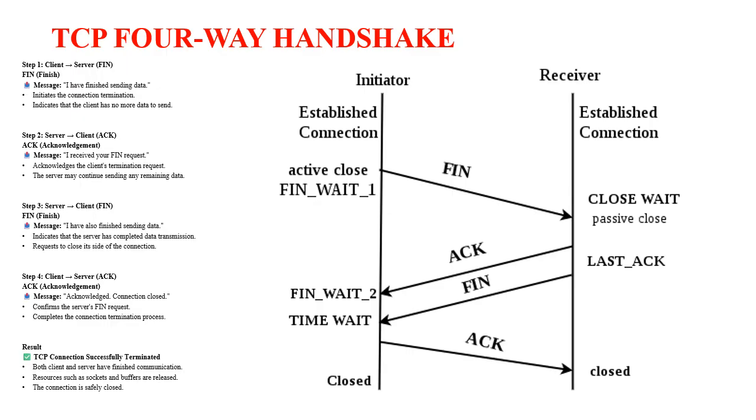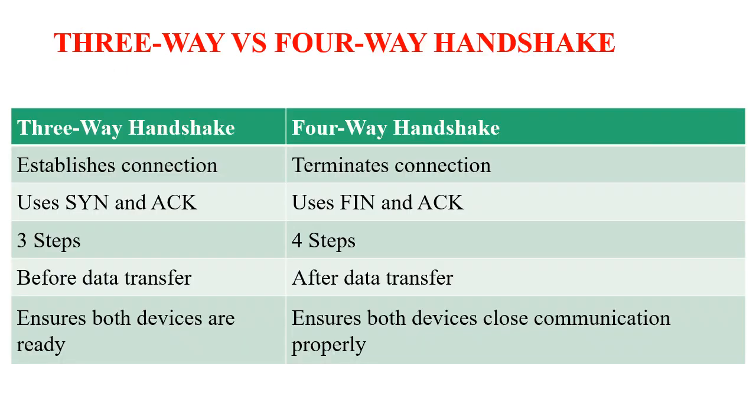Step 3. Once the server finishes sending its own data, it sends another FIN packet. It means I have also completed my transmission. Finally, the client sends the last ACK. Now both sides have confirmed the termination. The TCP connection is completely closed and any allocated resources like sockets and buffers are released.